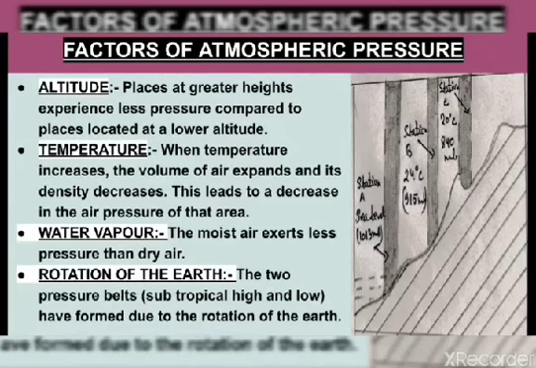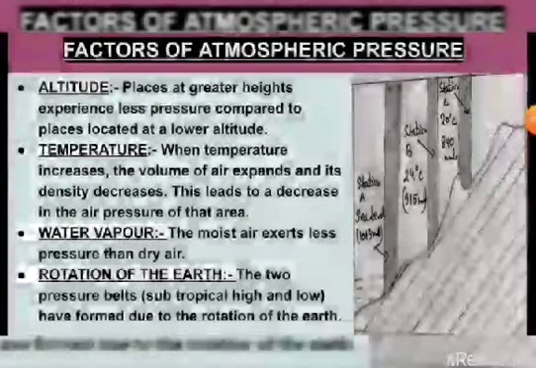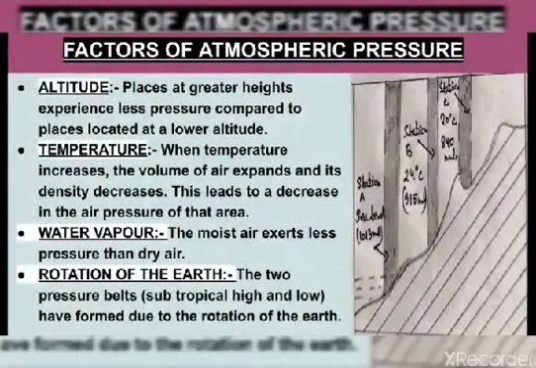Now, what happens is that due to rotation, the air rising above the equator is pushed towards the pole and moves in the upper troposphere. This air starts to contract as it cools and starts to subside at 30° north and south. The speed of rotation at the poles is slow and the air is thrown outwards from the pole towards the equator.